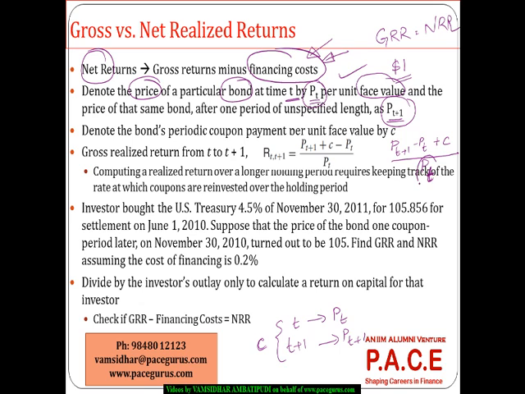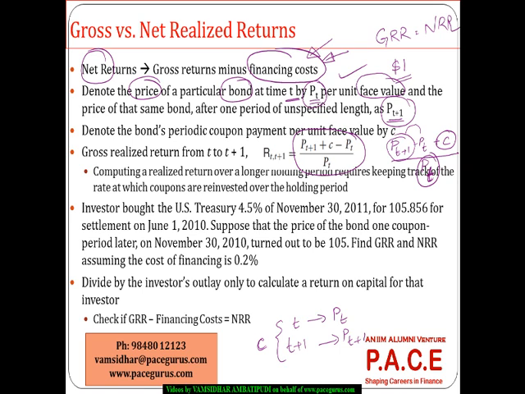If this is the price at which I purchased the bond, and this is the price at which I am selling the bond, and during this period the bond has given a cash flow of C, then the overall gross realized return is the change in price plus the cash flow during the period, divided by the initial price. Now this is per one single period.